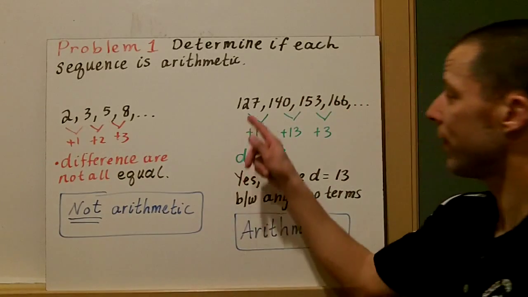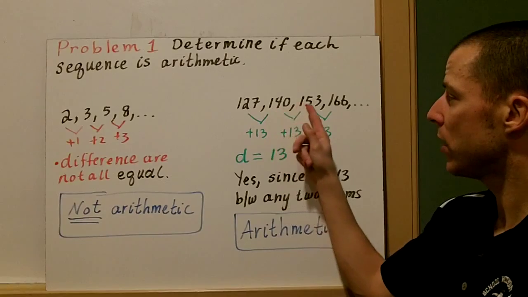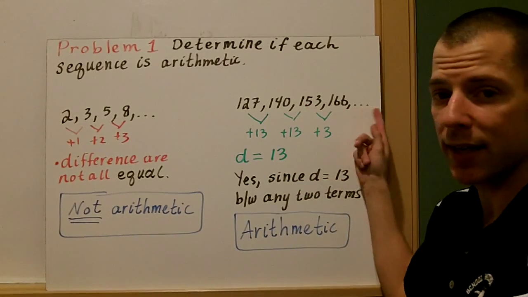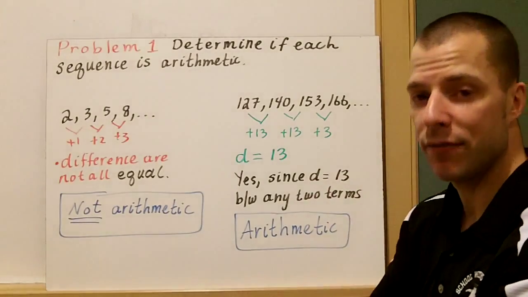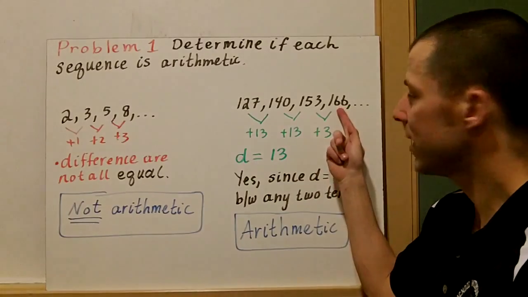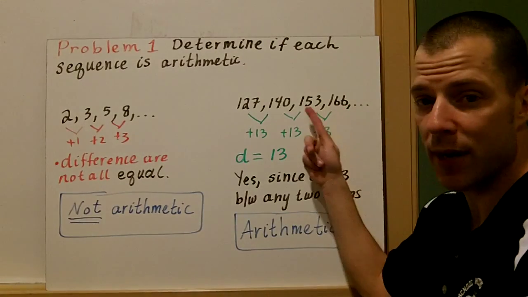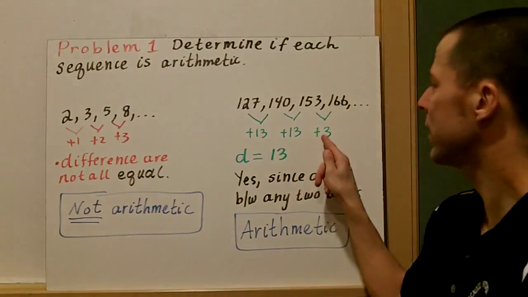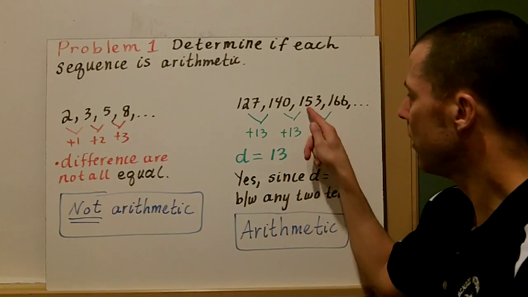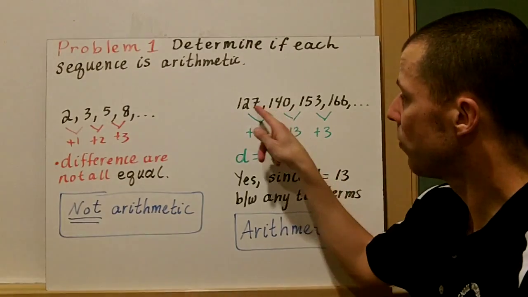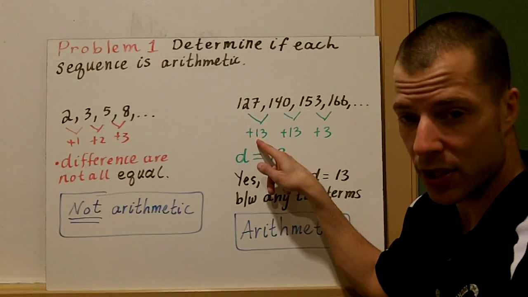Now, the second example, 127, 140, 153, 166, and we see the dot, dot, dot. Again, that means an infinite sequence. That pattern will continue. So if I start at the end, the last number, 166 minus 153, that's 13. 153 minus 140 is 13. 140 minus 127 is 13.